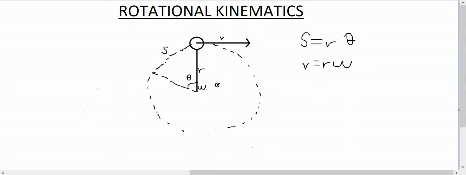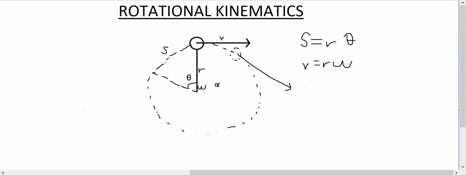So if, for example, the ball at this position starts going faster, it's due to the angular acceleration.